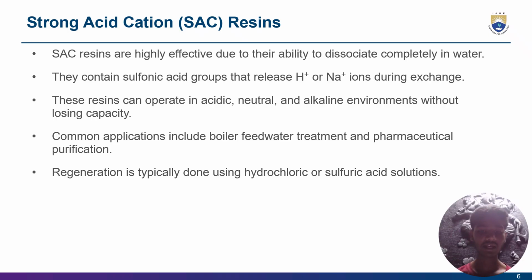Strong acid cation, SAC. SAC resins are highly effective due to their ability to dissociate completely in water. They contain sulfonic acid groups that release H+ or Na+ ions during exchange. These resins can operate in acidic, neutral, and alkaline environments without losing capacity.